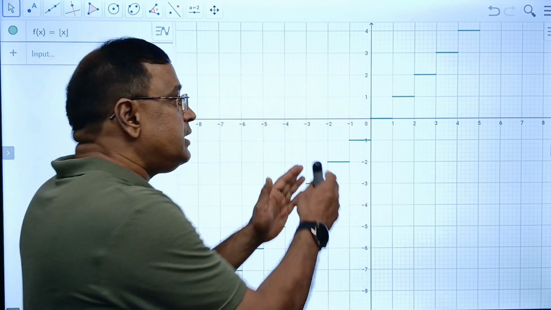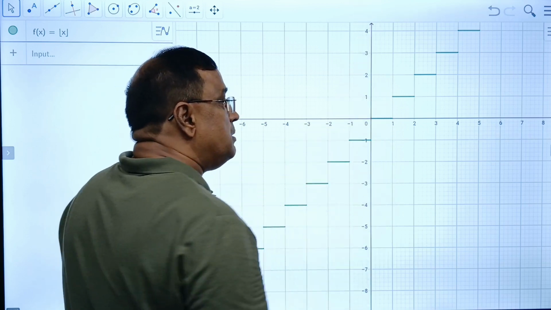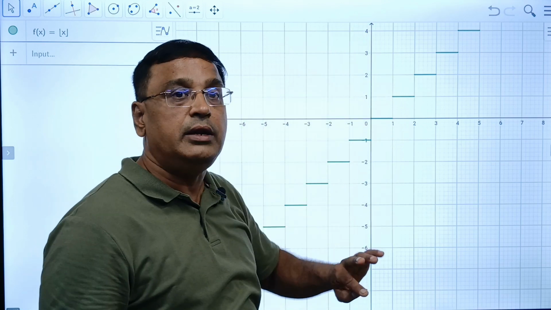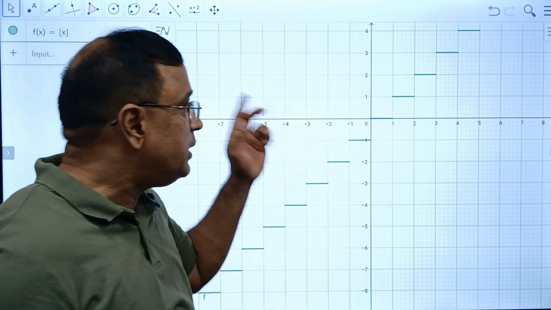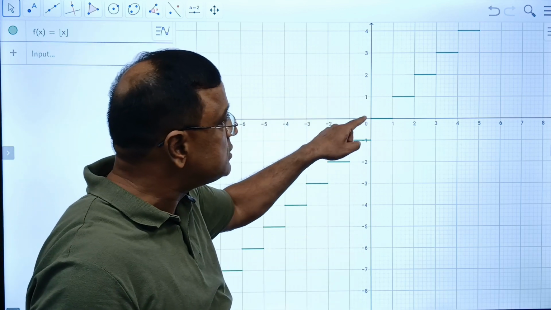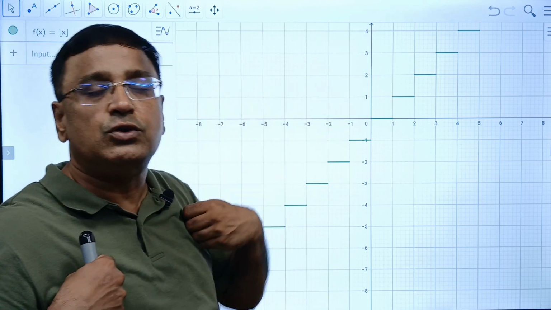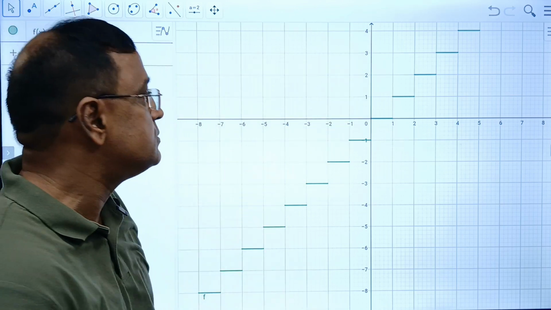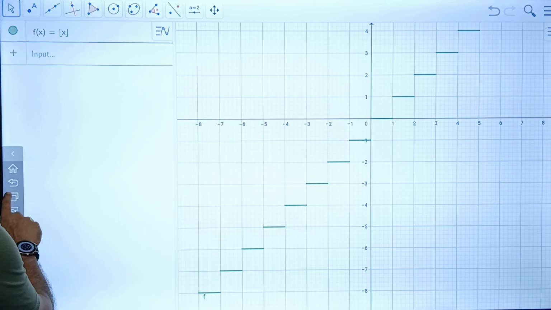Since they return only integer values, my codomain is real numbers, but my range is integers. Codomain not equal to range, therefore the function is not onto. Now you understand why my range is all integers, because you can see the graph is only at integer values. Greatest integer function always returns only integer values. Okay, let's go back to our page.